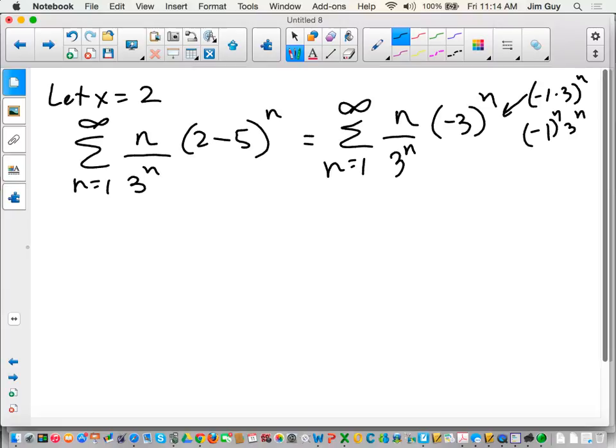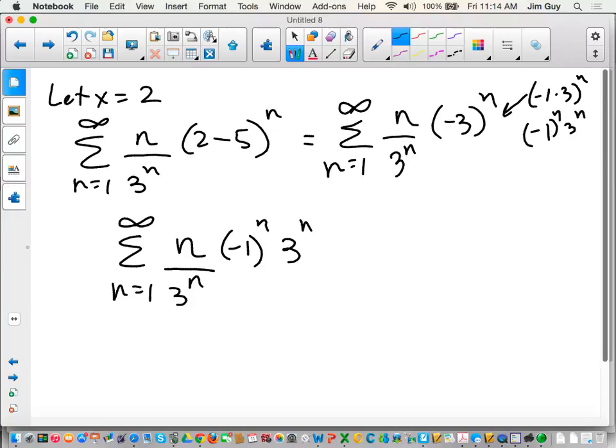So that means we now have n over 3 to the n times negative 1 to the n, 3 to the n. Keep on simplifying, and these 3 to the n's will cancel. So now we have this. And there isn't any more simplifying I can do.